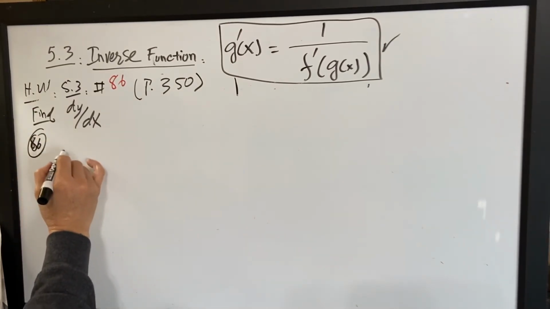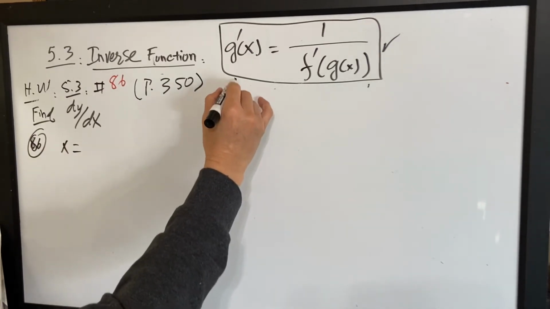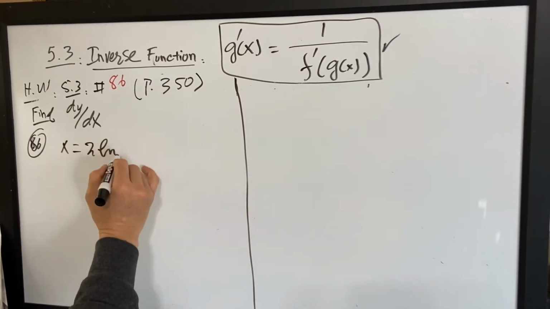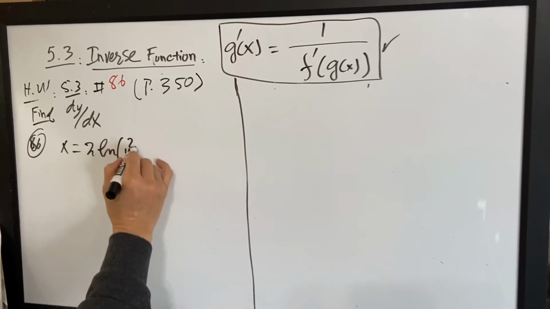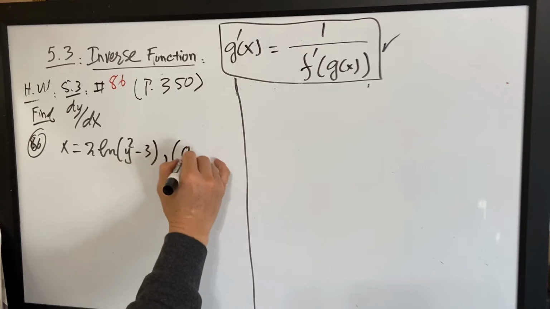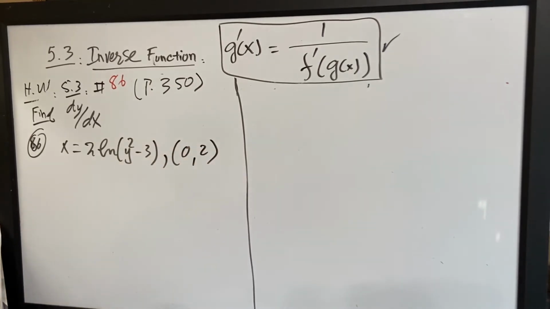You have x equals 2 ln(y squared minus 3), and the point given. We are asked to find the derivative of the function for the equation at the given point.